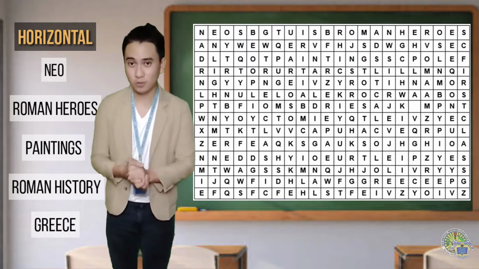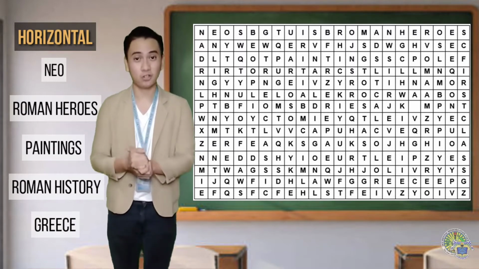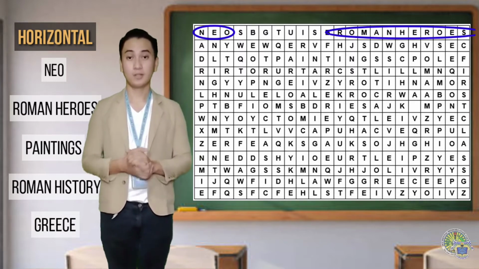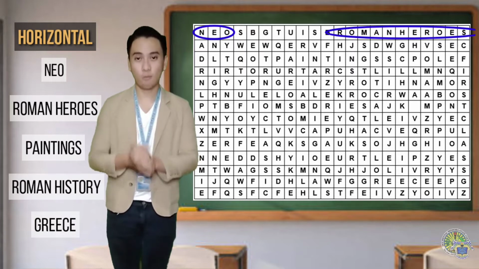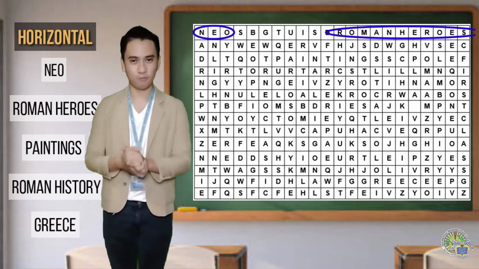Have you found Neo and Roman heroes? Alright, its location is at the upper part. Very good. Next, paintings and Roman history. Okay, your 15 seconds starts now.